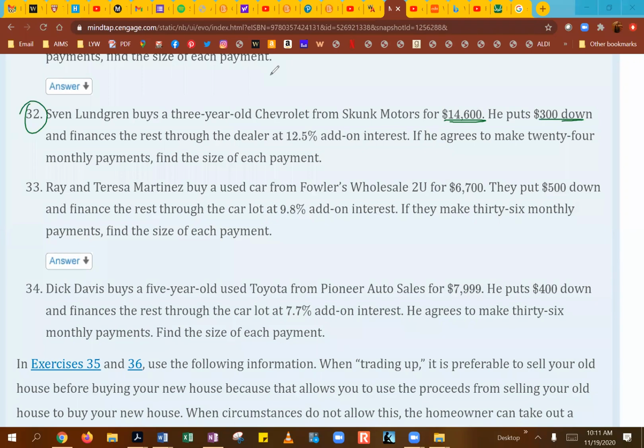He is putting down a down payment of $300, and they're saying he finances the rest through the dealer at a 12.5% add-on interest loan. If he agrees to make 24 monthly payments, what is the size of each payment going to be? So as you can see, the example is very, very similar to the one we looked at from our handout. So let's go ahead and see what these monthly payments come out to be.